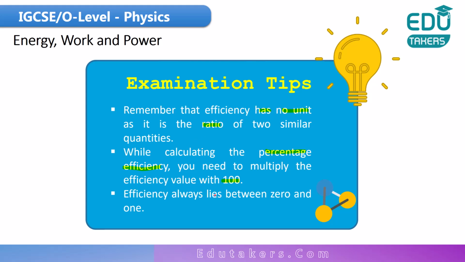Efficiency always lies between 0 and 1. What does this mean? If I suppose that here there is an input power or the input energy, you can use both of these. And all of the input energy is converted into the useful energy. I suppose here the input energy is 100 joule.